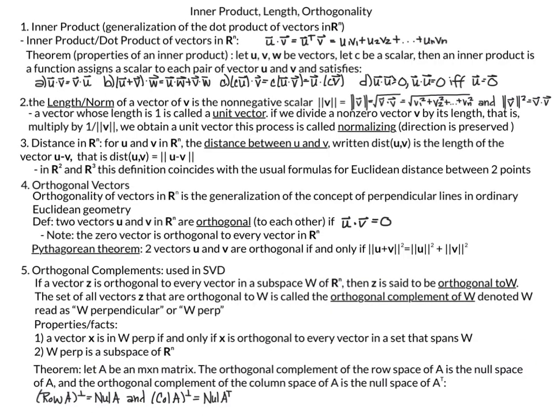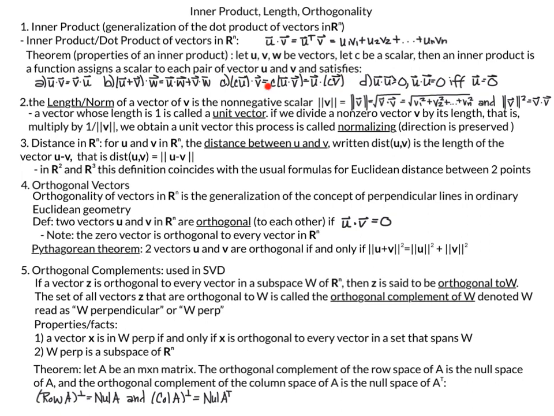To summarize what we covered in this video, we talked about an inner product, and the inner product is a function that assigns a scalar to each pair of vectors u and v that satisfies these four conditions. First, there's commutativity: u dot v is equal to v dot u. Second, there's this distributivity: u plus v dot w is equal to u dot w plus v dot w.